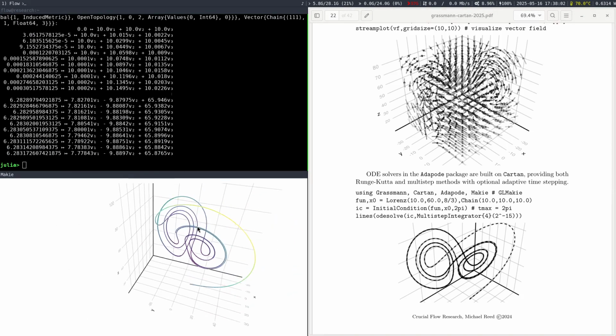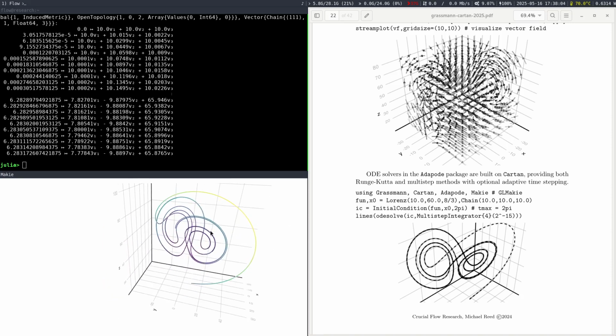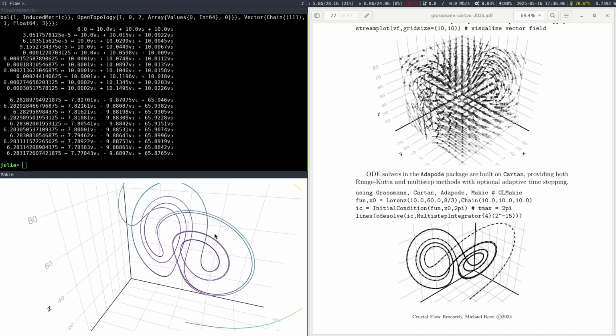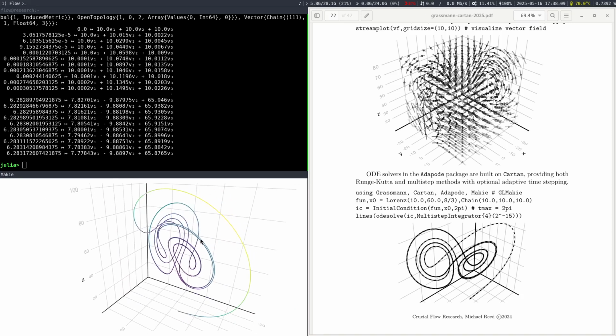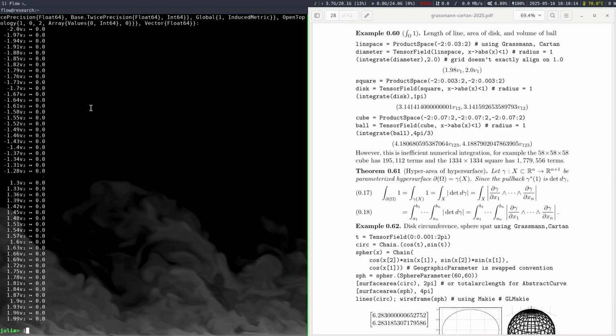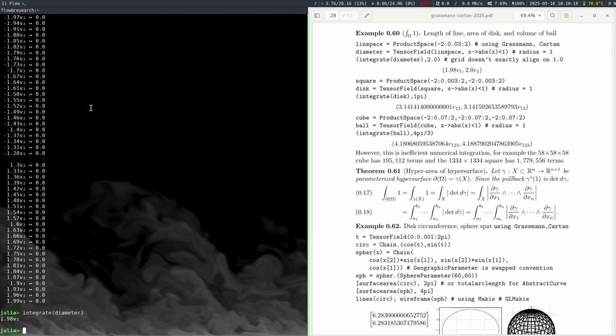And the AdaptiveODE package has a differential equation solver, okay? As an example, if we integrate, it uses this approximation to do that.